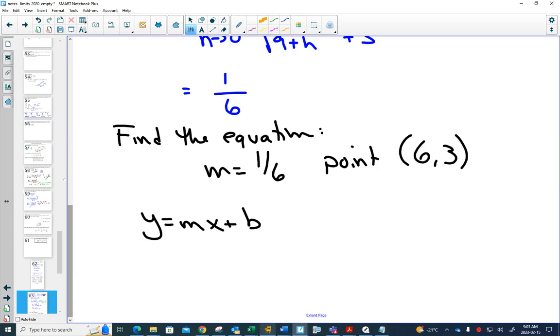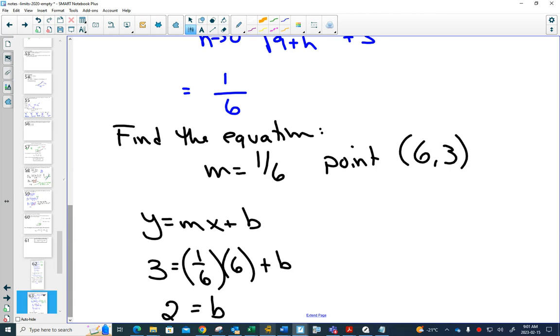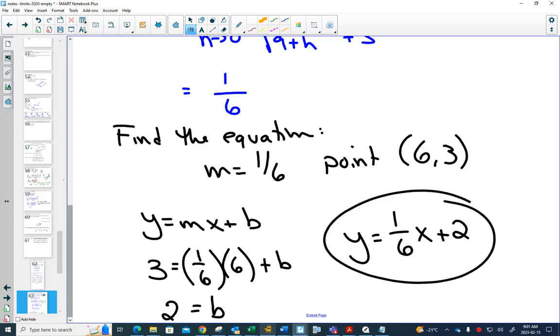So if I use y equals mx plus b, I know that when y is 3, my slope is 1/6, my x value is 6. 1/6 times 6 is 1. Move that over to the other side, you would get b is 2. So your equation is 1/6 x plus 2.